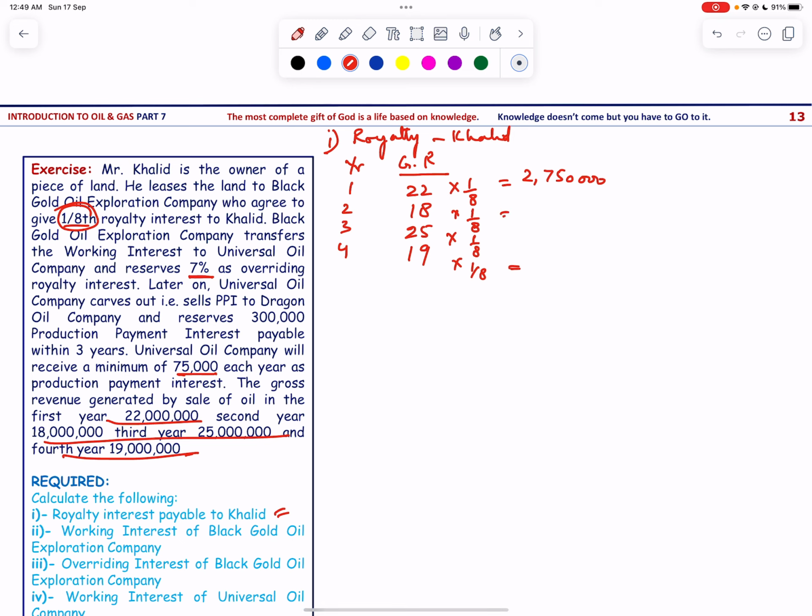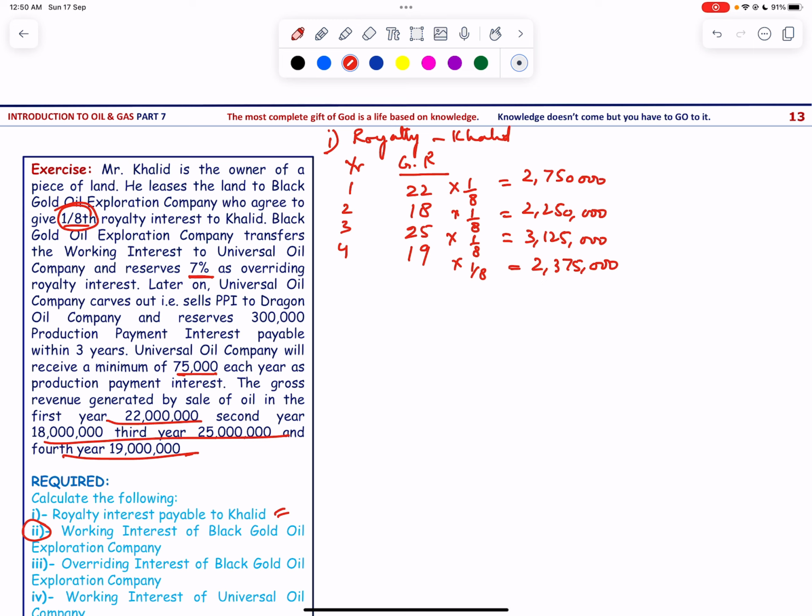This will be equal to 2,250,000. And this will be equal to 3,125,000, and the last one for the 4th year will be 2,375,000.